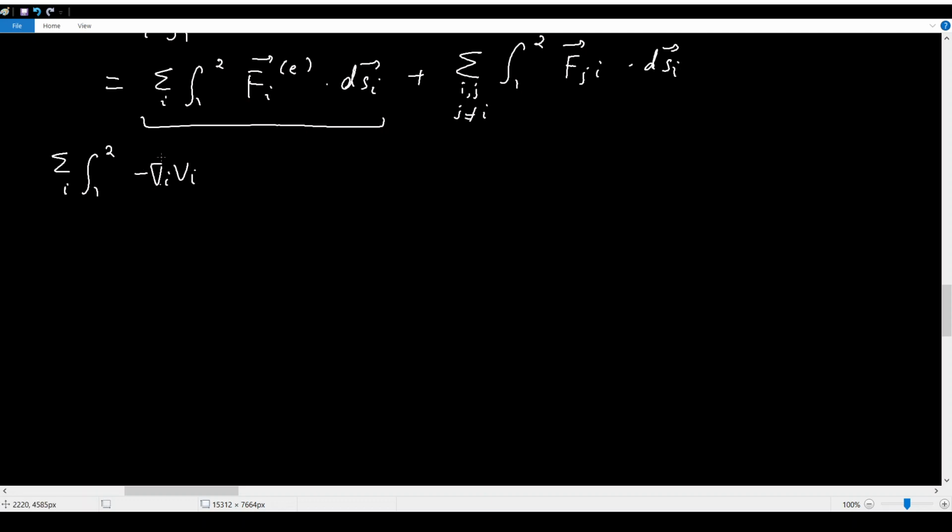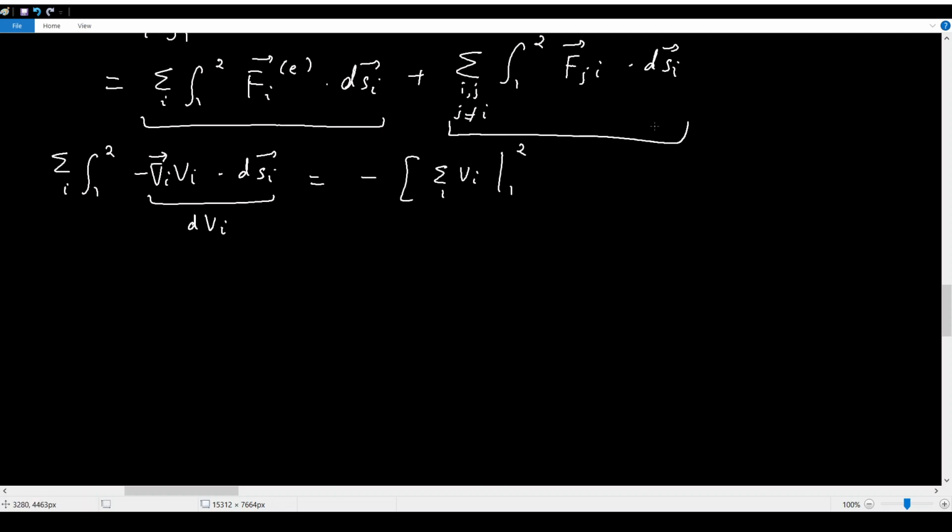Of course, we have to specify what are the coordinates of the nabla operator. So those are i, of course, dsi. As before, this becomes dVi, and we get minus outside summation over i of Vi from 1 to 2. Okay, so this is the first one.